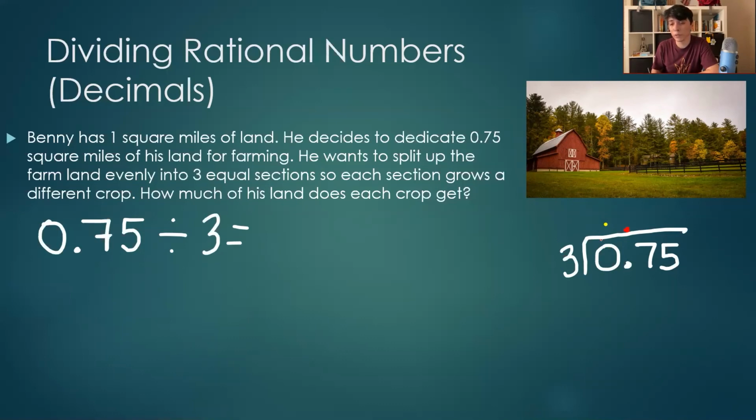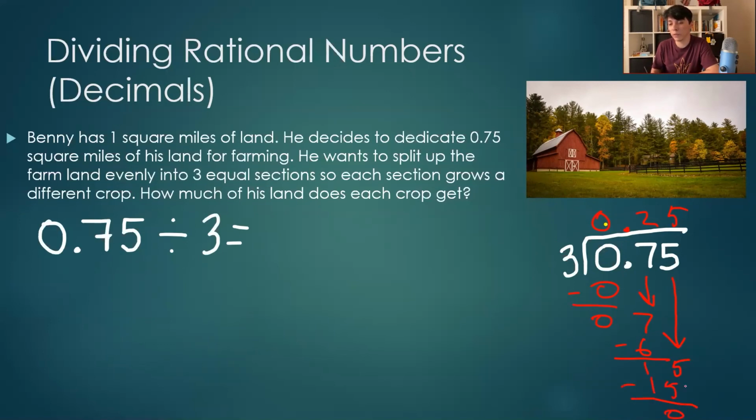So 3 can go into 0, 0 times. 3 times 0 is 0. 0 minus 0 is 0. You can bring down the 7. 3 can go into 7 2 times. 3 times 2 is 6. 7 minus 6 is 1. We can bring down the 5. 3 can go into 15 5 times. 3 times 5 is 15.